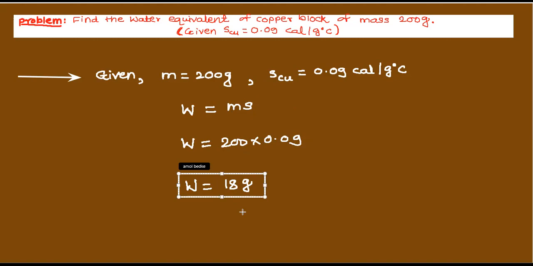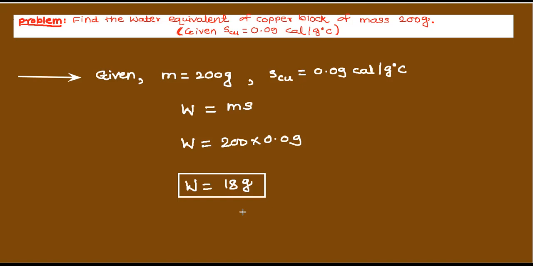Very, very easy problem, isn't it? Right? So note down this and try to do yourself. G is gram, not acceleration due to gravity. Otherwise, you will keep again 9.8. G is gram, okay, not 9.8.